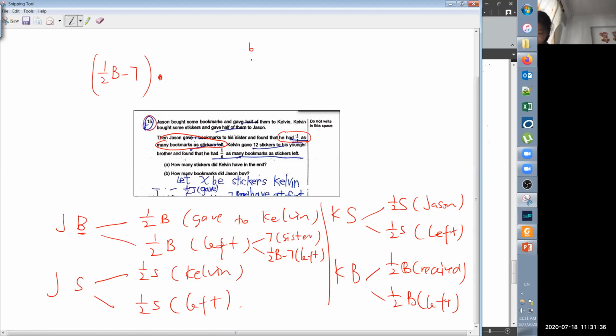Bookmark is 1 unit. Sticker is 9 units. So therefore, your bookmark left for Jason is equal to 1/9 of stickers, which is half S. Am I right? Okay, so done. So you can actually simplify this. The right hand side is 1/9 times half, which is 1/18 S. So you simplify it further.